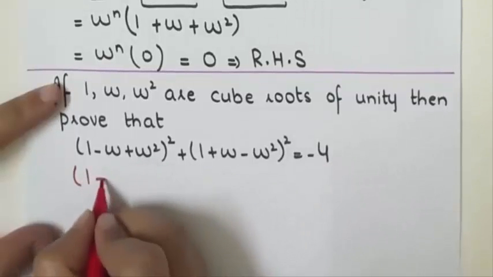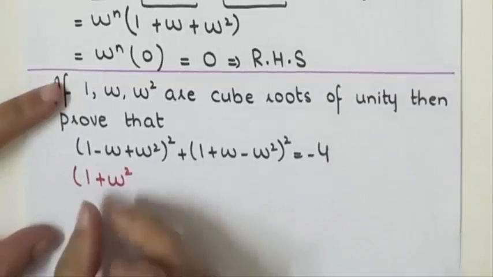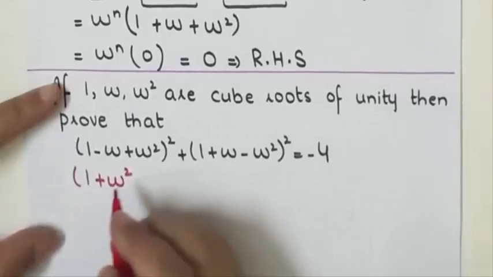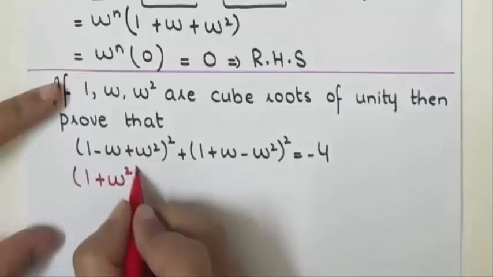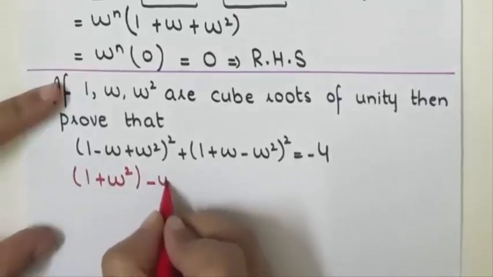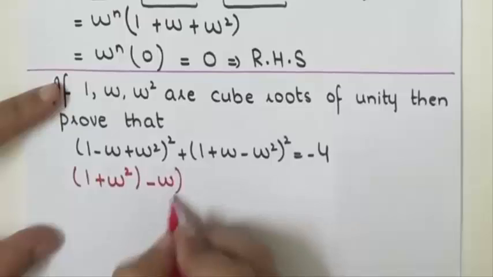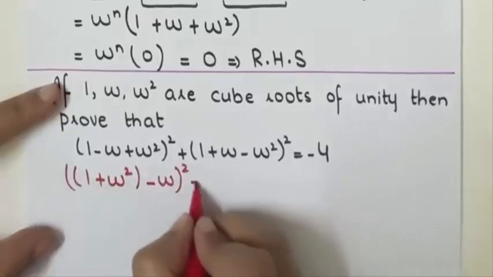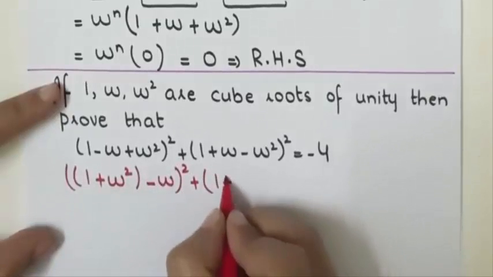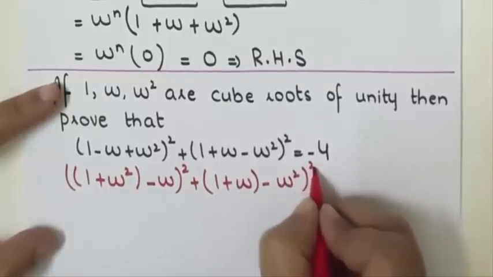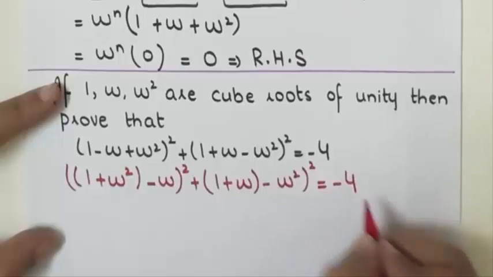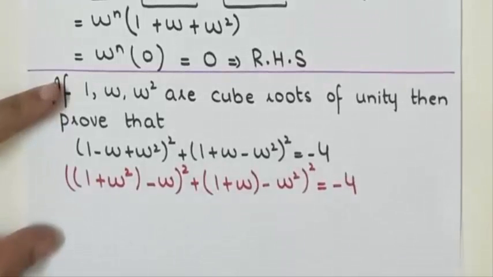We will write the positive term first, it makes our question easy to solve. So (1 plus omega square minus omega) whole square plus (1 plus omega minus omega square) whole square is equal to minus 4.